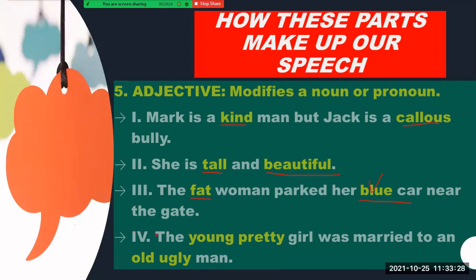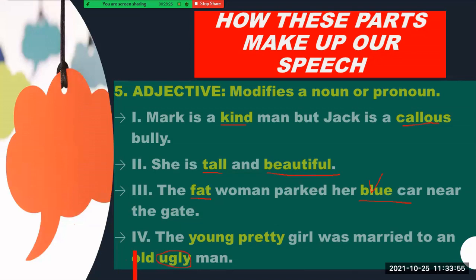Now, example IV, the young pretty girl was married to an ugly old man. I want you to check the description section, where you will find the order of adjectives.